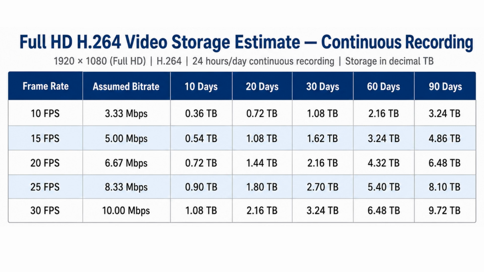For example, one camera recording at 10 FPS needs about 1.08 terabytes for 30 days. At 30 FPS, the same period requires approximately 3.24 terabytes. The key takeaway is that smoother video demands more storage, and for multi-camera vehicles, the total requirement increases with every additional camera.